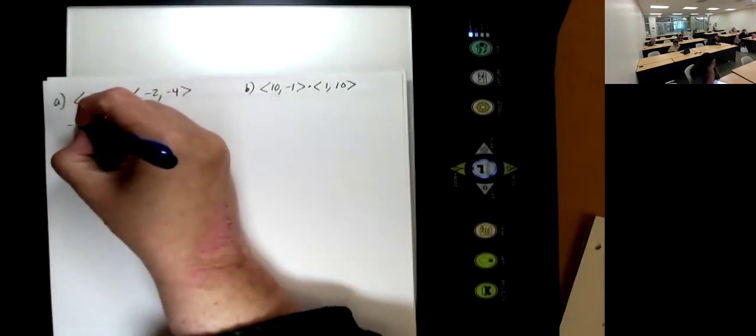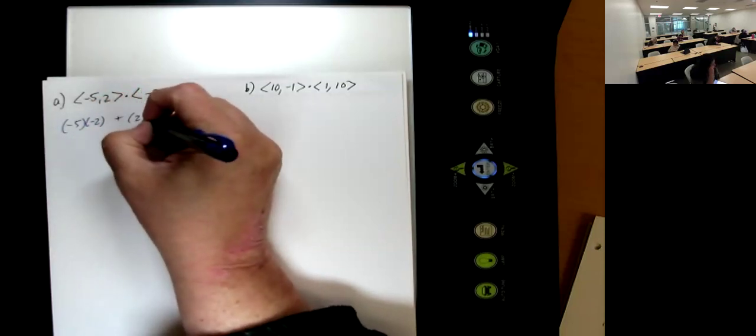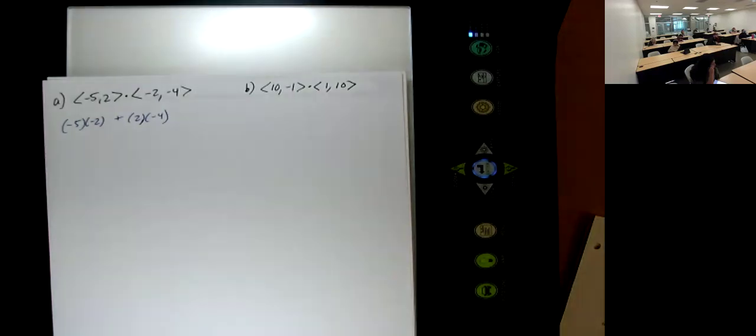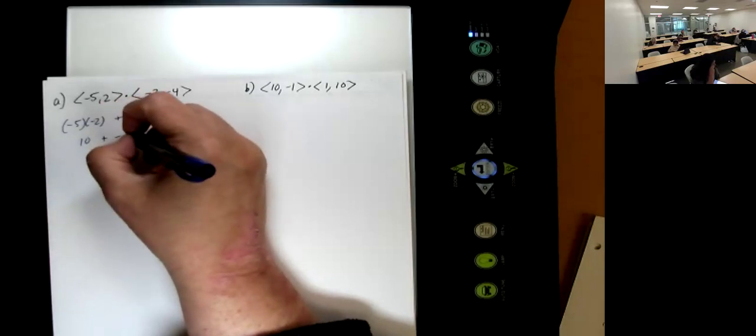Here we'll have negative 5 times negative 2, plus 2 times negative 4. 10 plus negative 8 is 2.